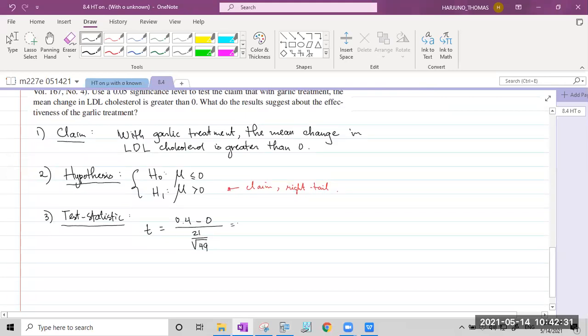I believe this number is very small. So it's 0.1333.